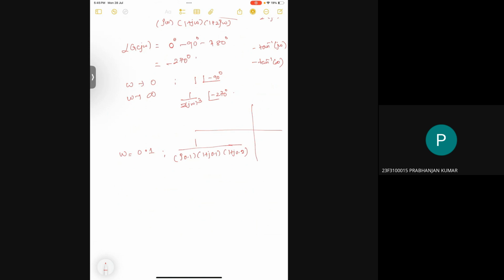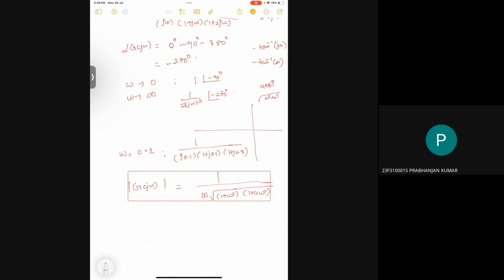I can give a formula so that you can write it easily. For g of j omega, use this for the magnitude. It's like writing the complex number a plus bi, the magnitude is the square root of a square plus b square.